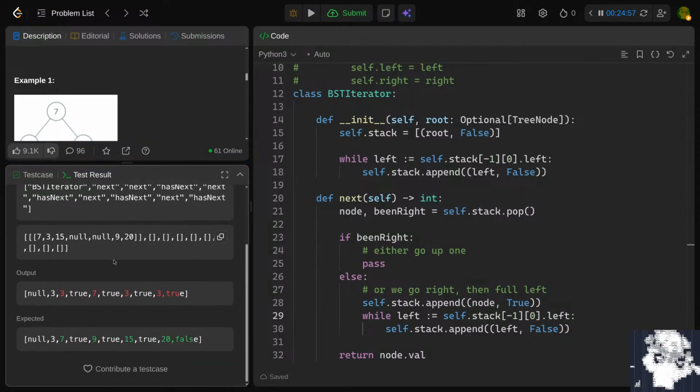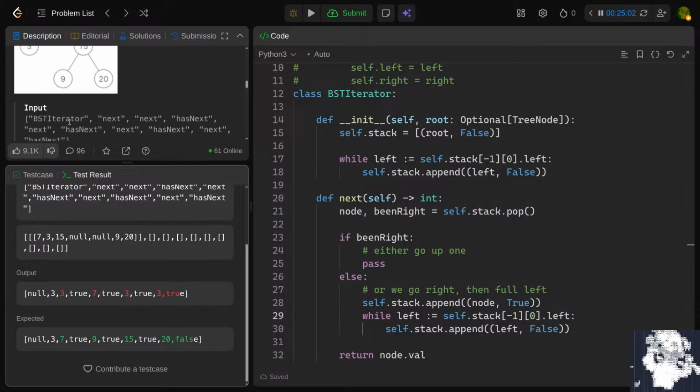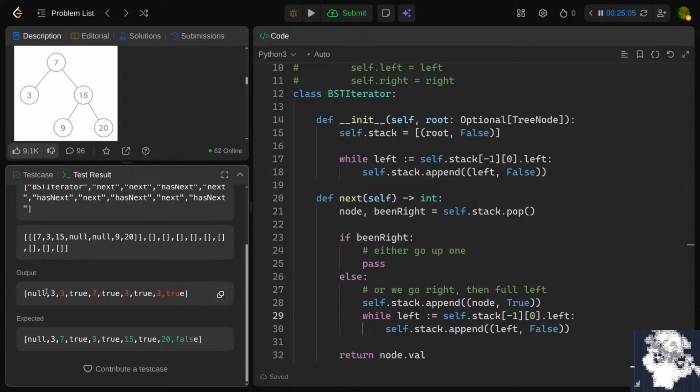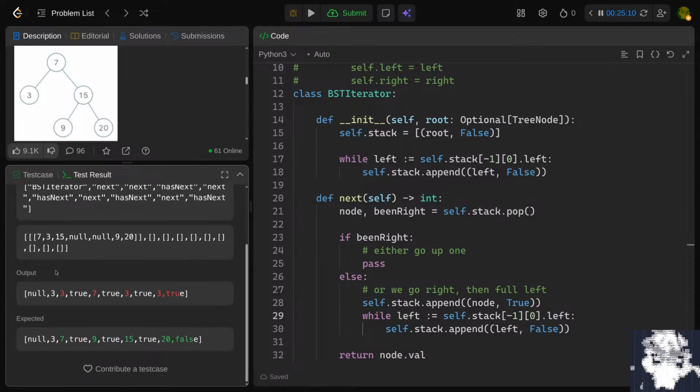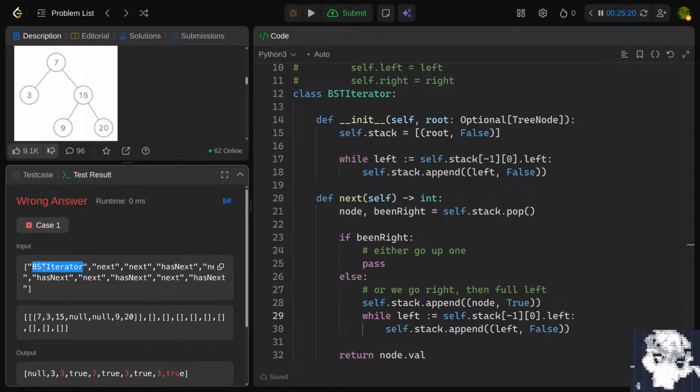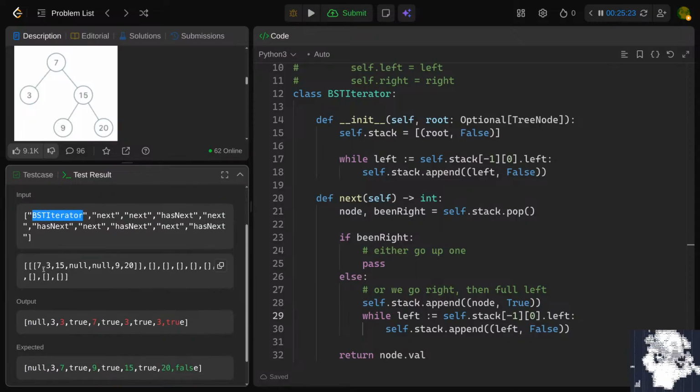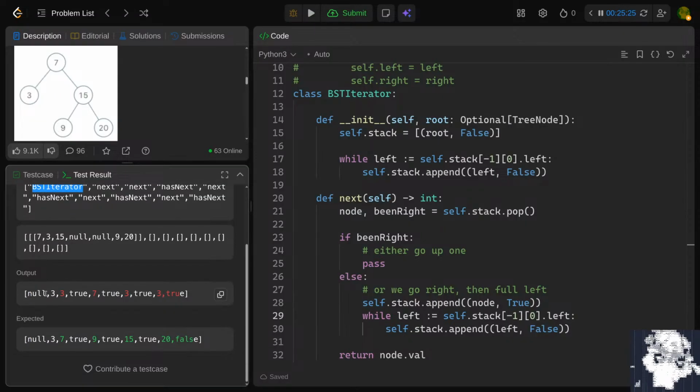Alright, well, we didn't crash, but we're not correctly traversing the tree. Null, I think, is when you're just initiating the binary search tree iterator. 3, we did return the right first element. Then we said 3 again, which is not right.